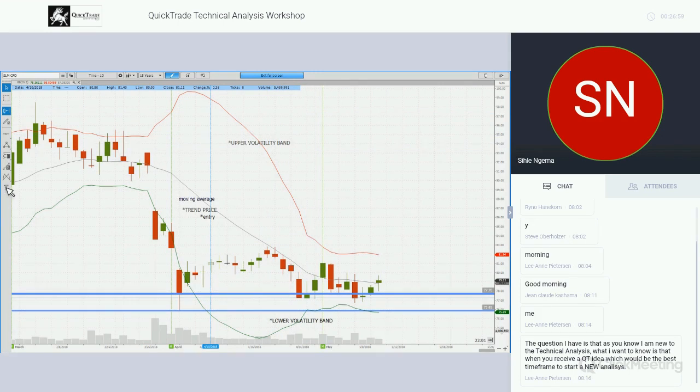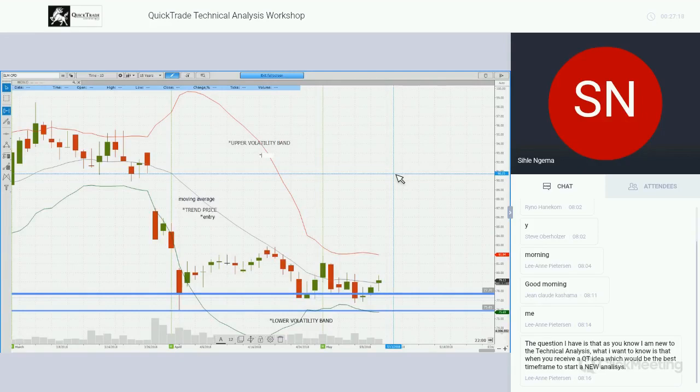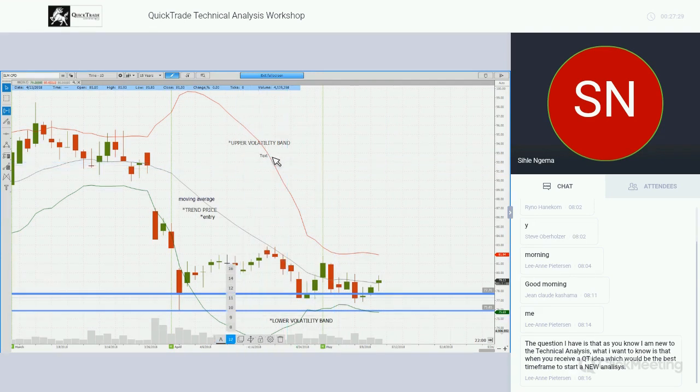Their importance is this. The upper volatility band is our buy signal line, and the green line at the bottom will be our sell signal line.